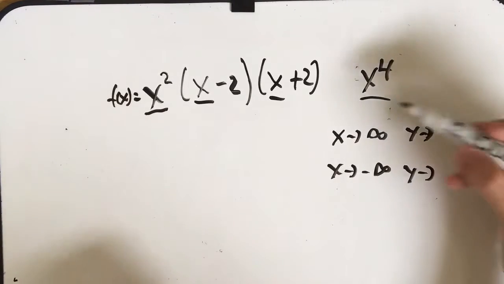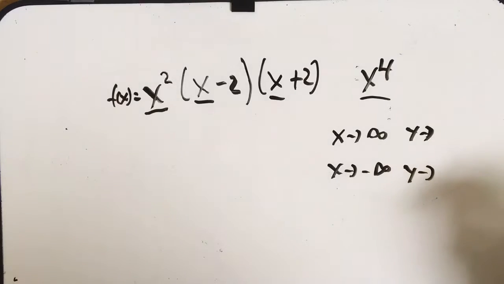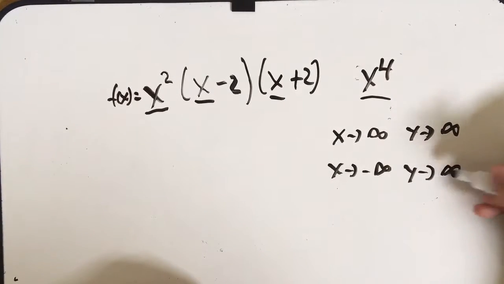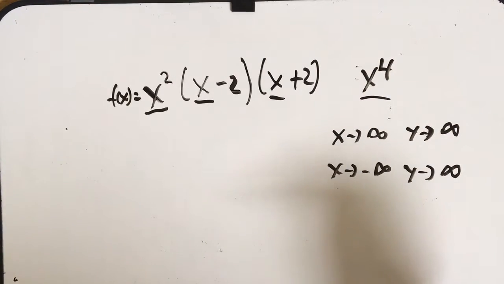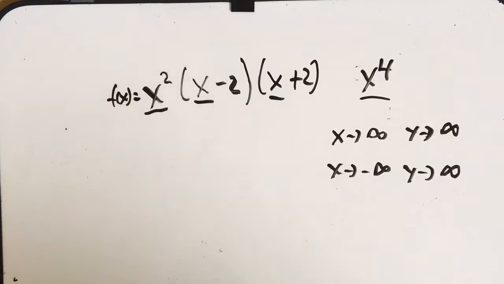So we have an x to the 4th right there, so we know it's going to be positive if you put in a positive number, and positive if you put in a negative number, because since it's to the 4th, it's going to be positive no matter what. Next, we want to start our graph here, so let's do green again.